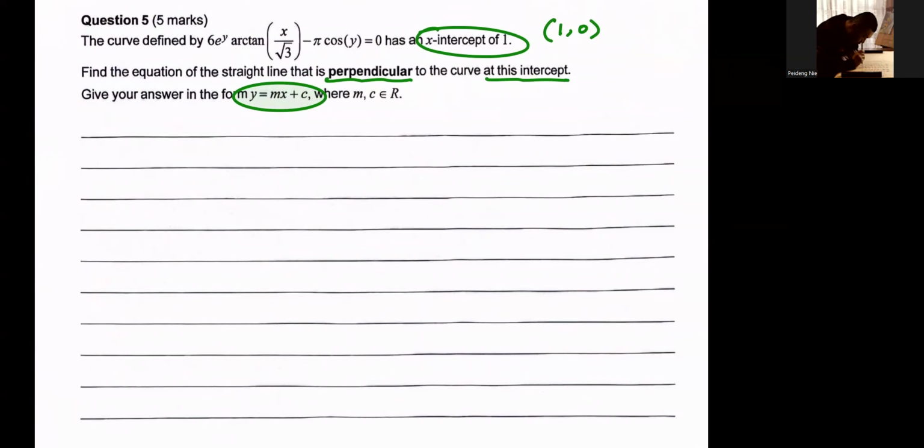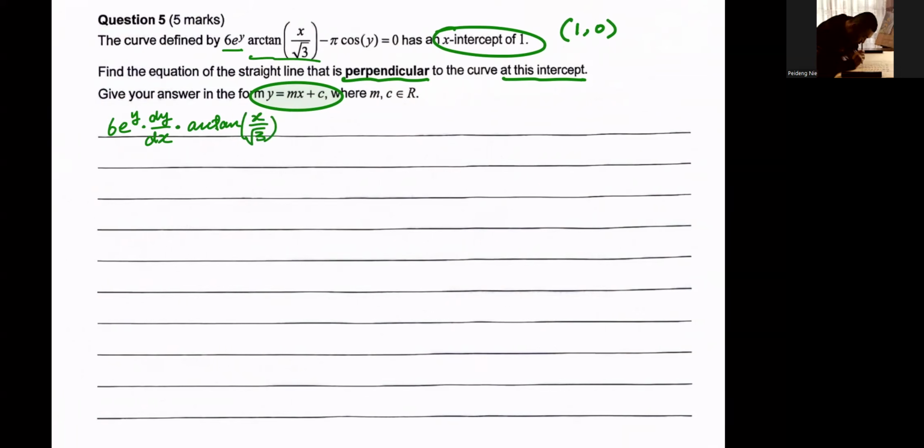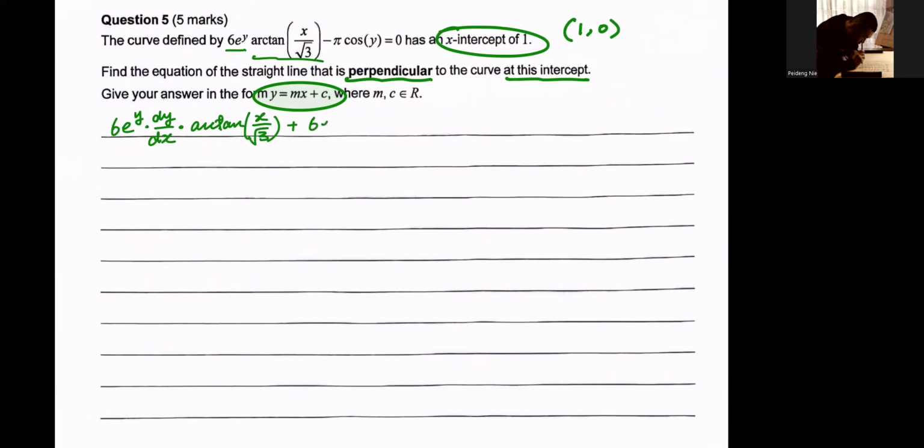First of all, implicit differentiation: we need to use the product rule for this. So 6e^y times dy/dx times arctan(x over root 3). This is like du/dx times v plus u times dv/dx.